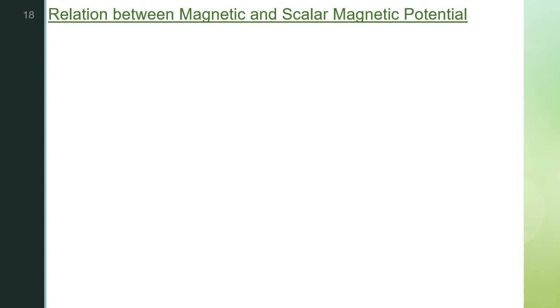So we have learned two terms, magnetic scalar potential and magnetic vector potential. We'll try to derive a relation between the scalar and vector potential.